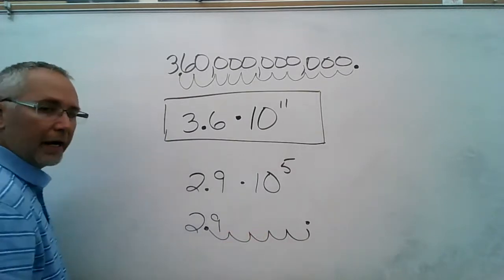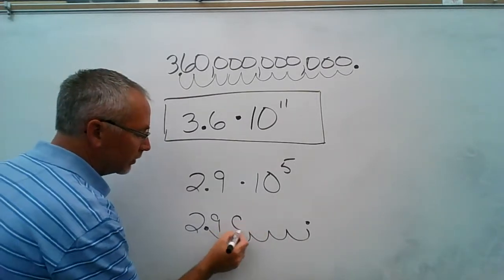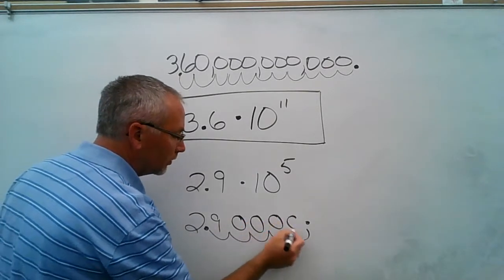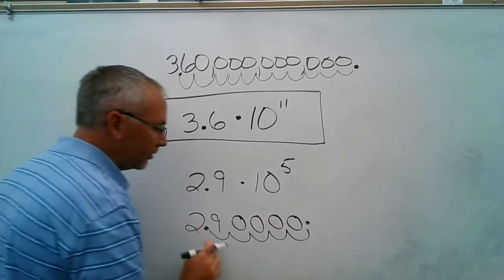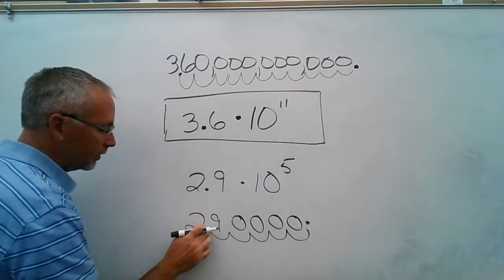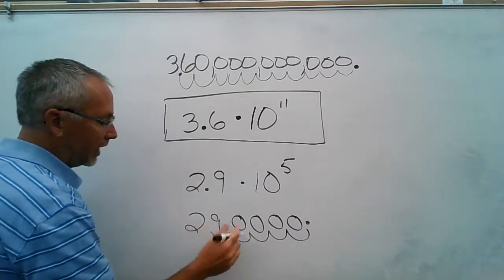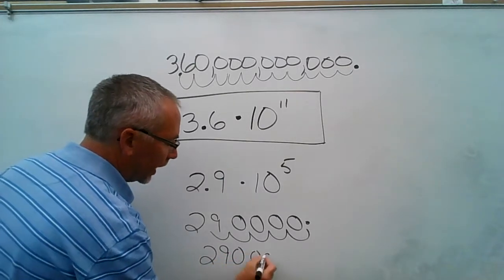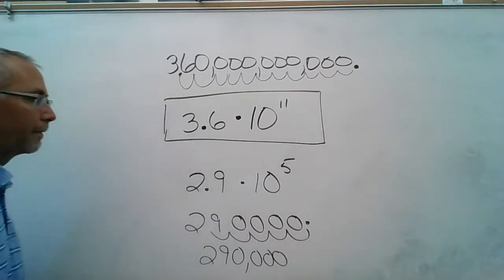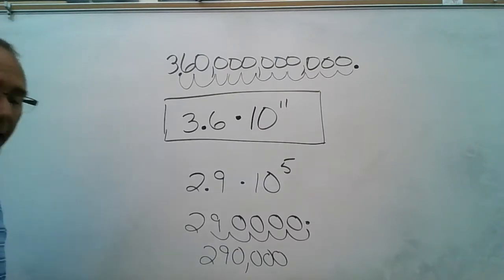Well, there's nothing there. Another name for nothing is 0. And so I'm going to put those zeros in. That means I've taken my decimal and I've moved it all the way over here. So putting it back into standard form, my answer then is 290,000. And that's how we can convert those back and forth.